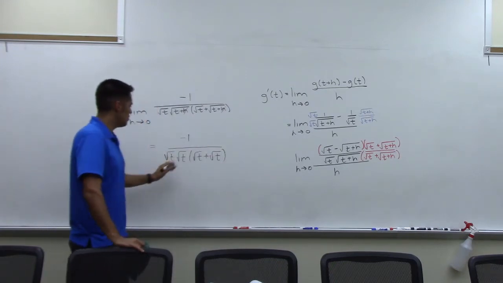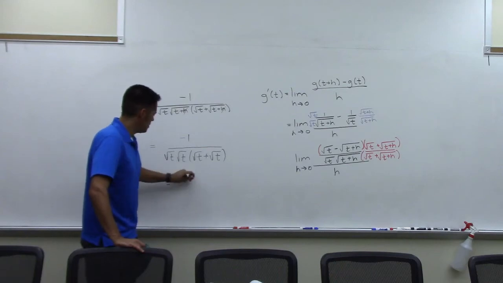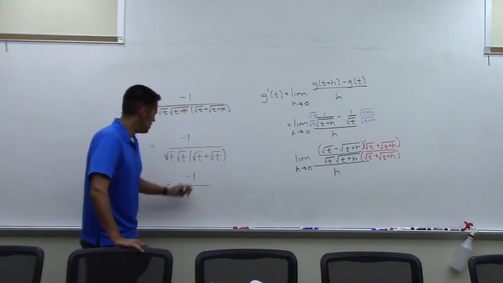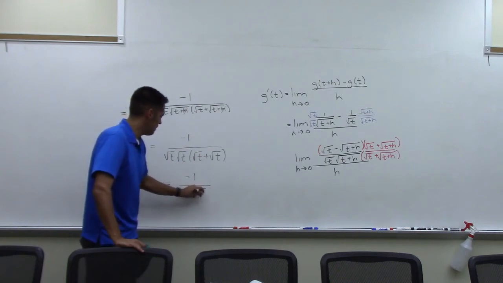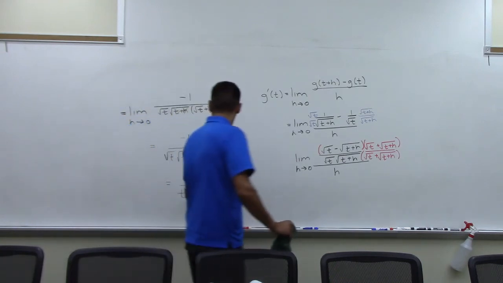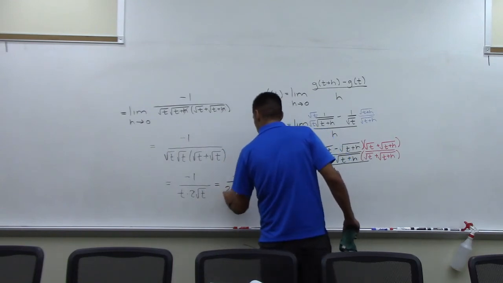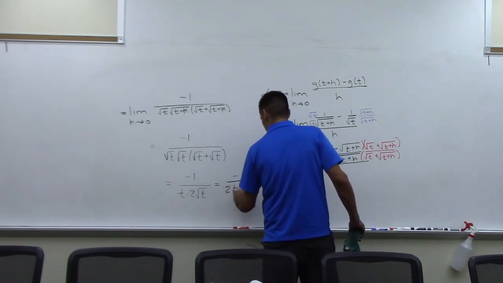So root t times root t is just t, and then root t plus root t is 2 root t. And so we have negative 1 over 2t root t.